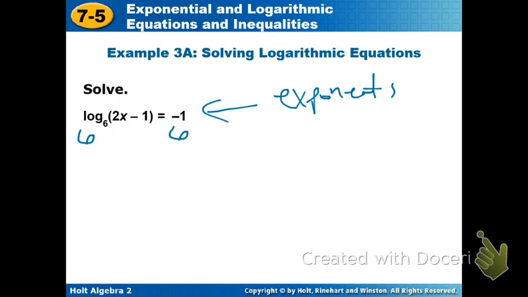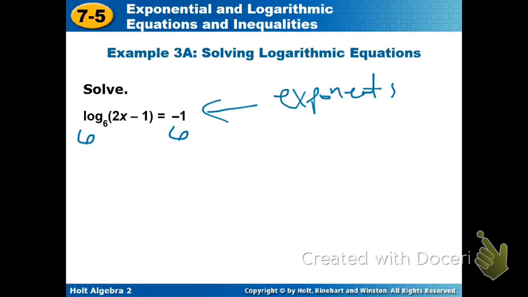So now I have 6 raised to the log base 6 of 2x minus 1 equal to 6 raised to the negative 1 power. If you add in a base, whatever you had there has now become an exponent. So now we're going to proceed.